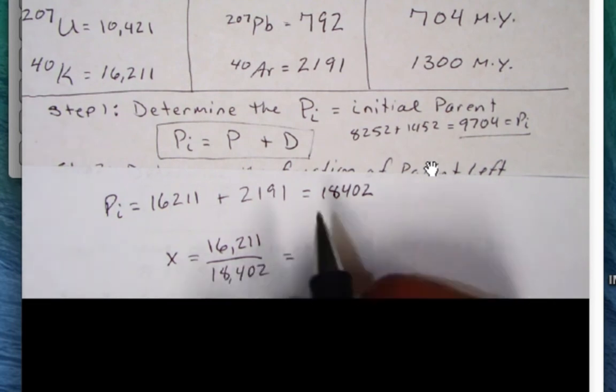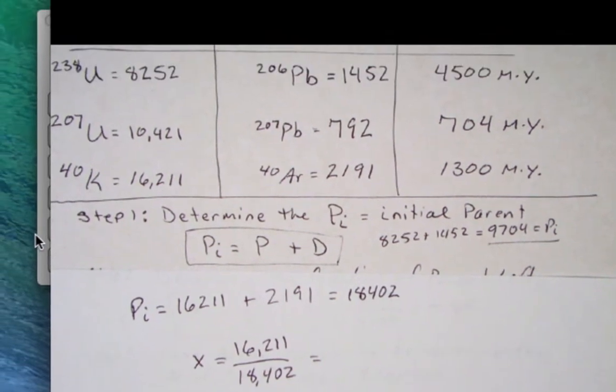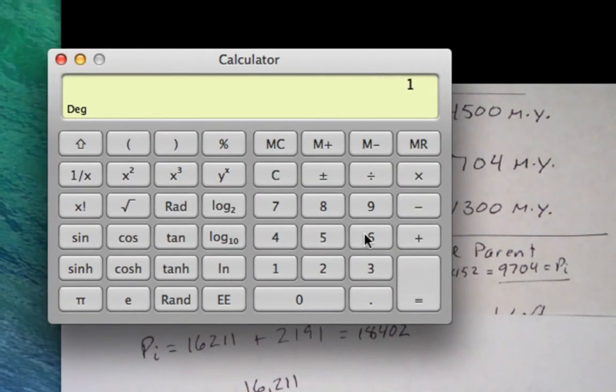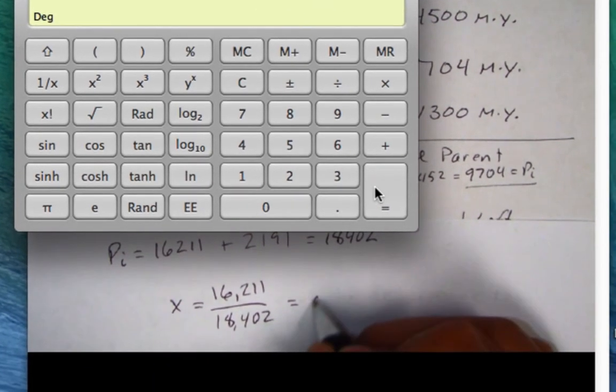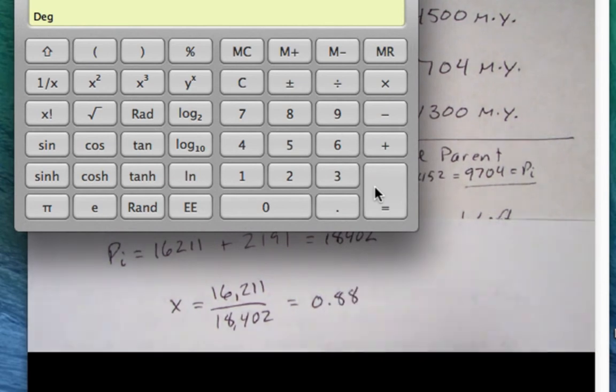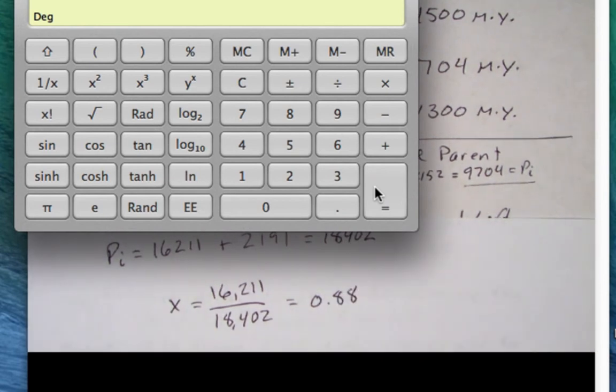And when we get that, let's try this one. So it's going to be 1611 divided by 18402. So here we have 88% remaining. So it's 0.88, 88% of the sample remaining of the parent.